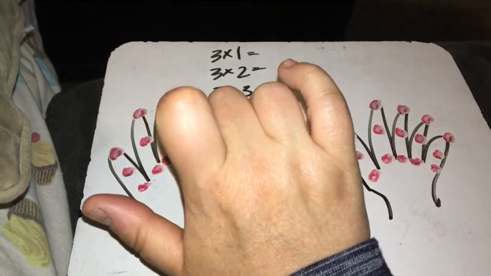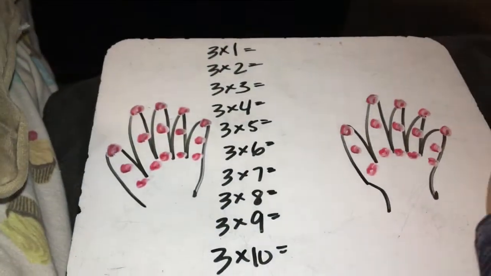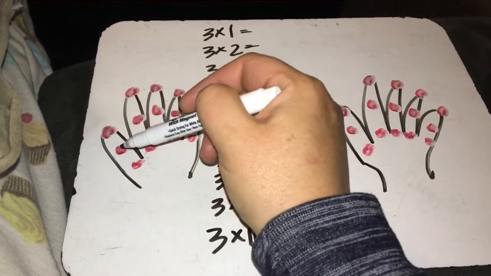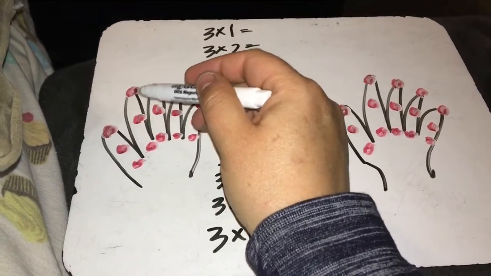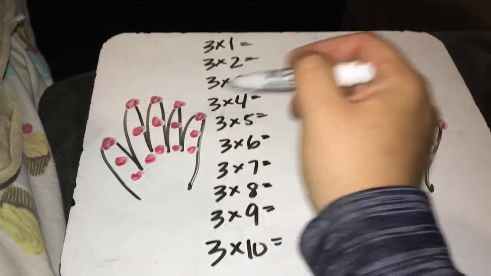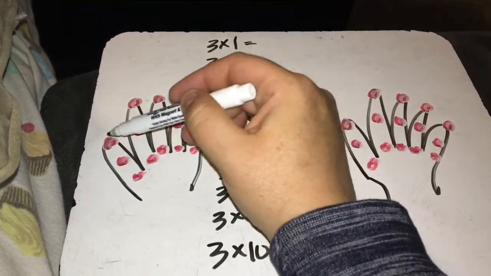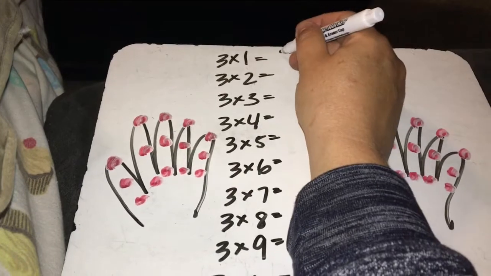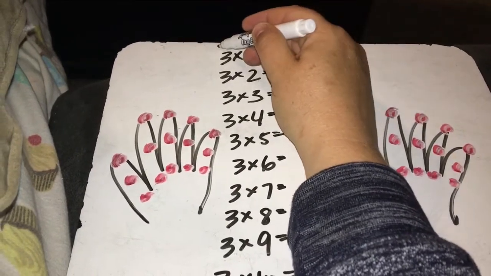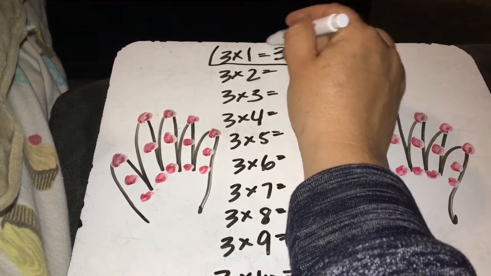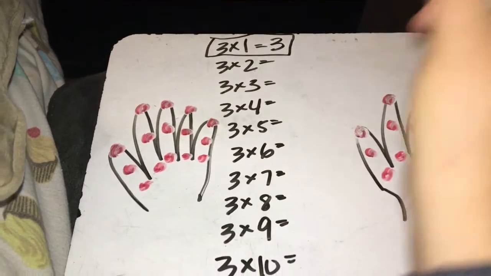All right, we're multiplying by 3s. And I have told you guys you could count your fingernail where your finger joint bends and then your knuckle. You can count on your fingers like that if you're counting by 3s. We already know our 3 times 1 because we know 1 times 3.